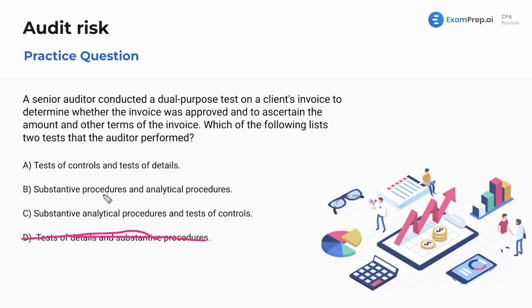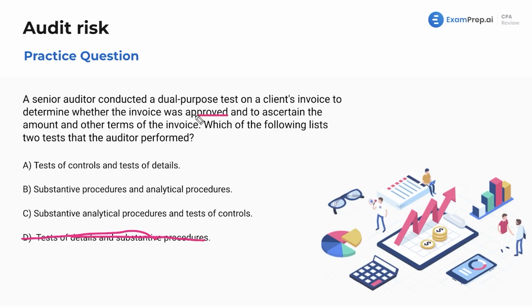But let's take a look at it even further. If we were to do it at this higher level, that I don't think is too necessary, but hey, why not? So dual purpose test, which means there's two tests, which all these answers have two, to determine whether the invoice was approved. So if the invoice was approved, that's testing controls, because if it was approved, that means our controls are operating properly.